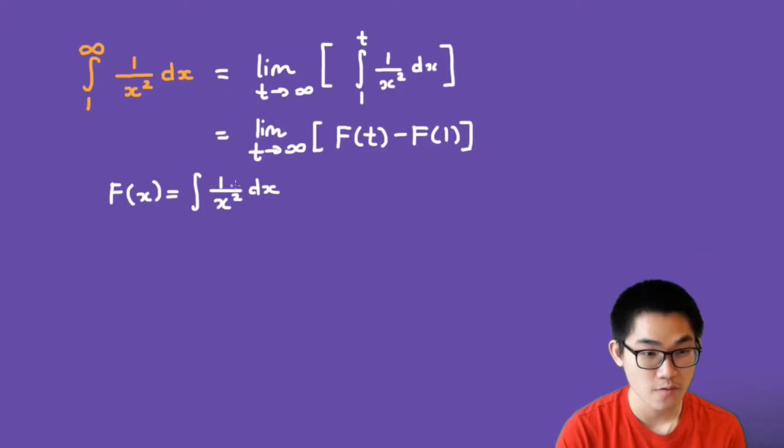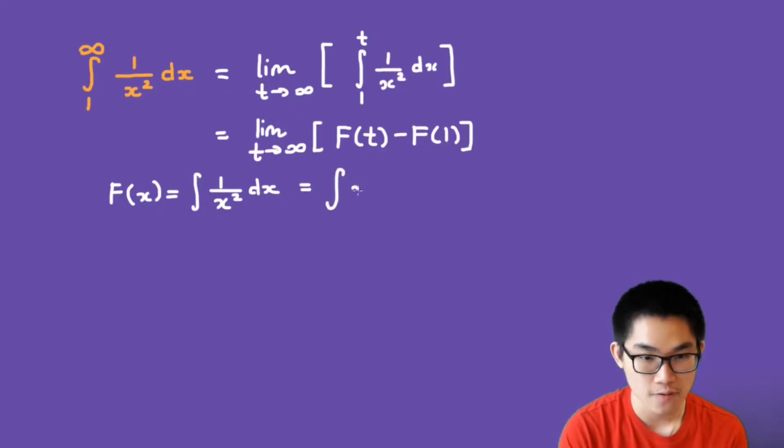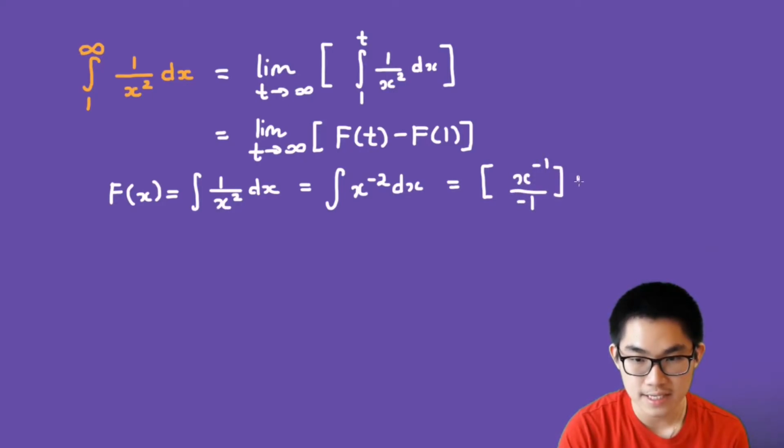The integral of 1 over x squared dx can be rewritten as the integral of x to the power of minus 2 dx, and the antiderivative of that would be x to the power of negative 1 over negative 1 plus c, which is the same as negative 1 over x plus c.